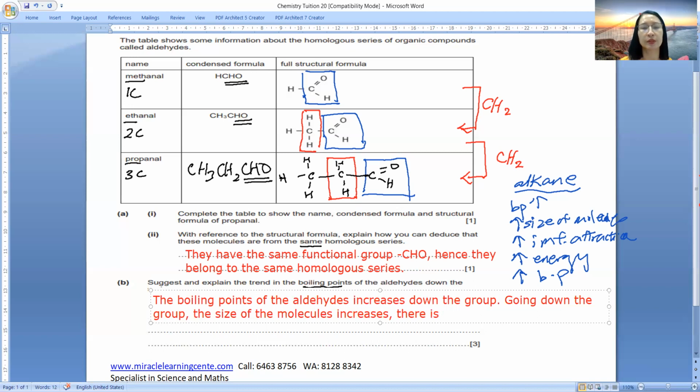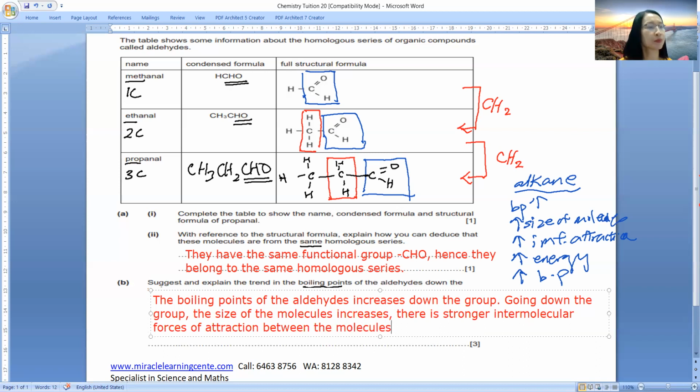There are stronger, or more, intermolecular forces of attraction between the molecules.